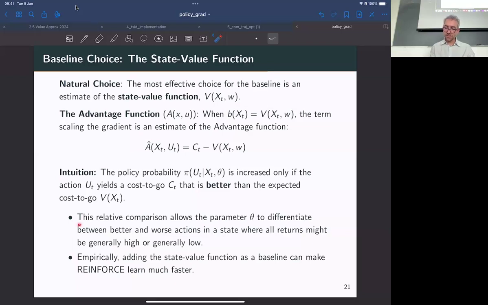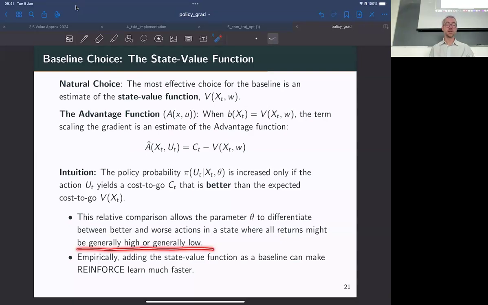So this relative comparison that we are doing, comparing the cost of the episode with the value of that state, allows the parameter theta to differentiate between better and worse actions in a state where all returns might be generally high or generally low.